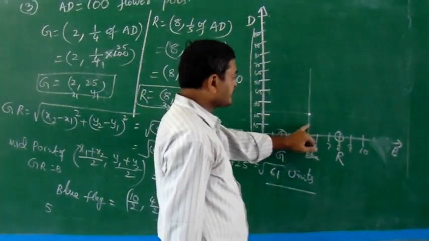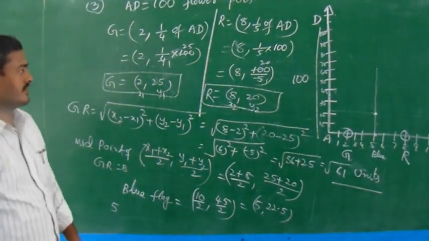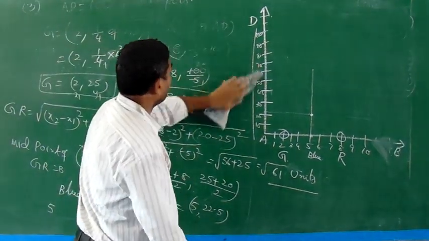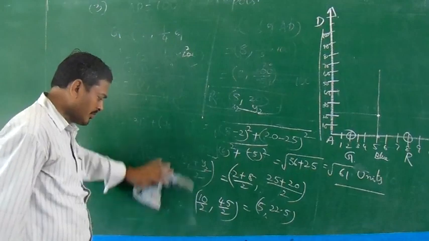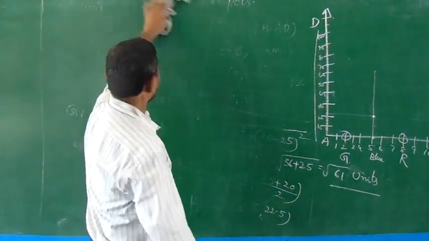At the fifth place and the distance of 22.5, a blue flag will be posted. So this is the third question. What is the midpoint formula? X1 plus x2 by 2, comma y1 plus y2 by 2.